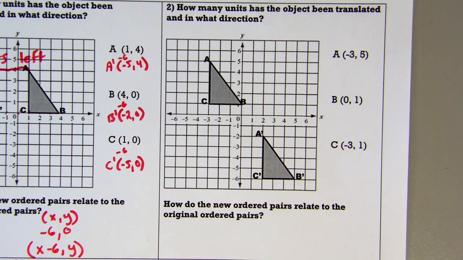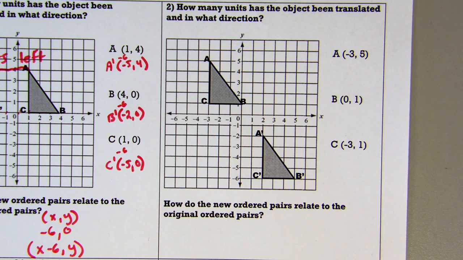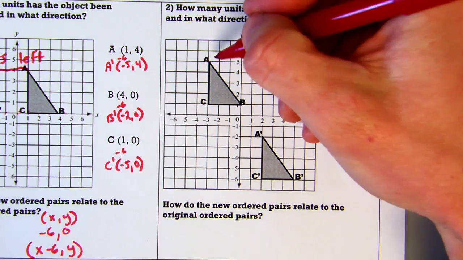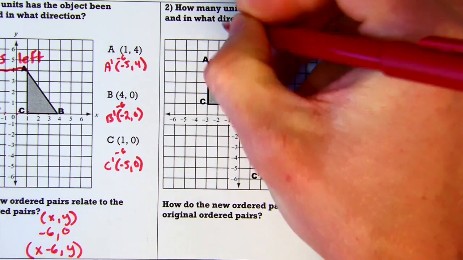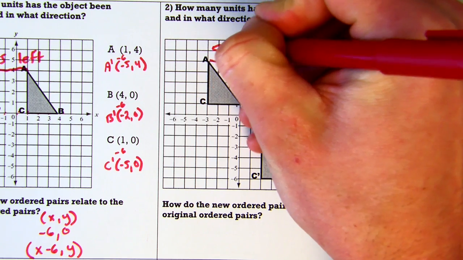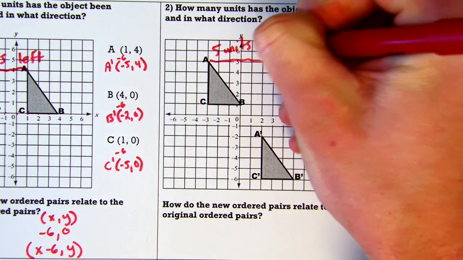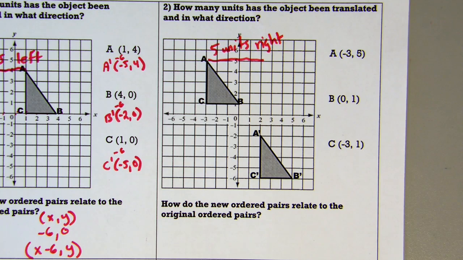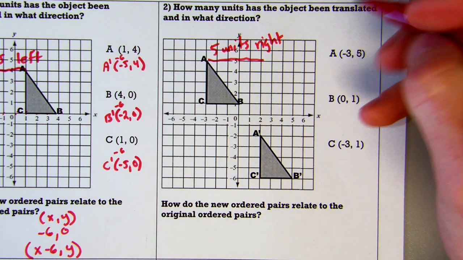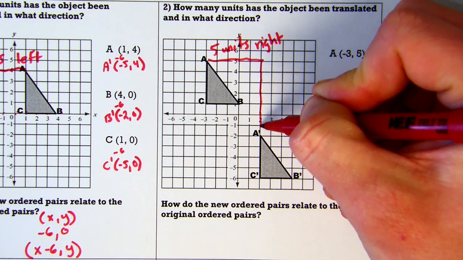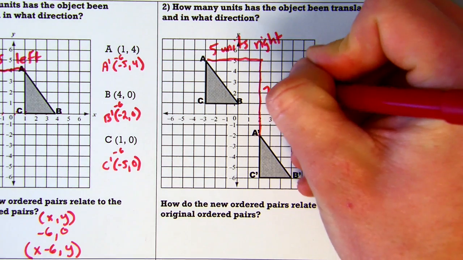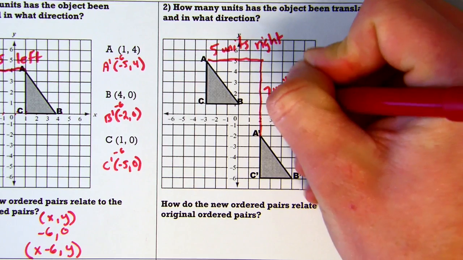Alright, let's try number 2. We have: how many units has the object been translated and in what direction? If we look at our A right here, we're going to go over 1, 2, 3, 4, 5. So we're going to go 5 units right. Then we also go 1, 2, 3, 4, 5, 6, 7 units down.